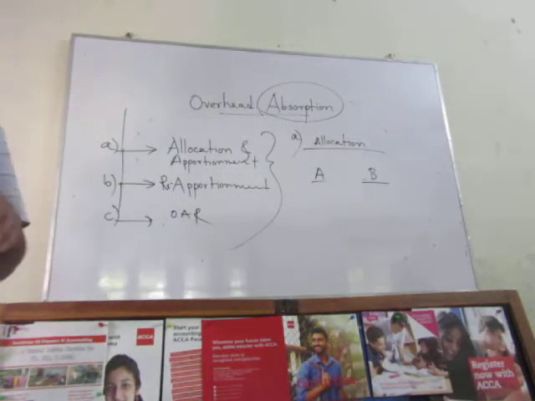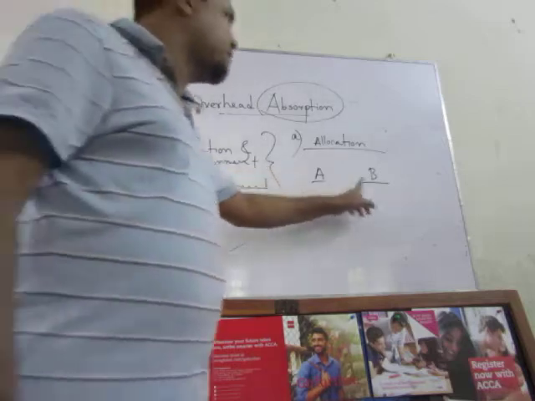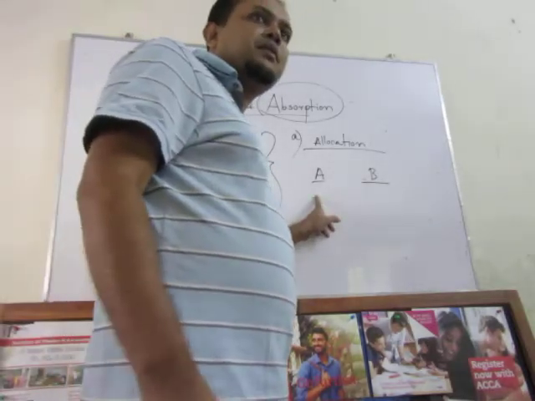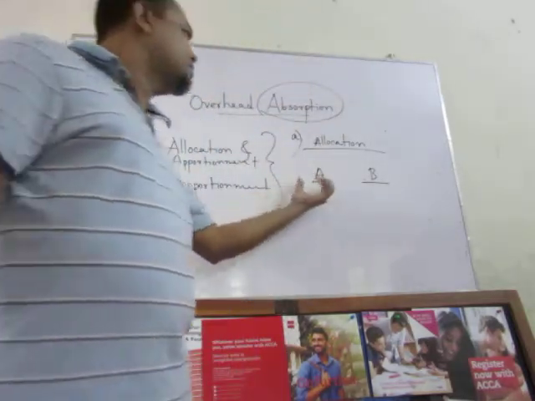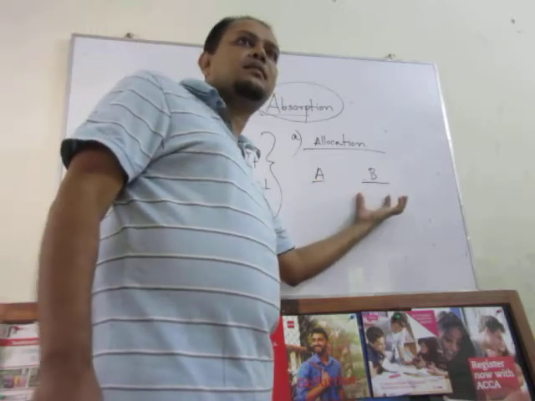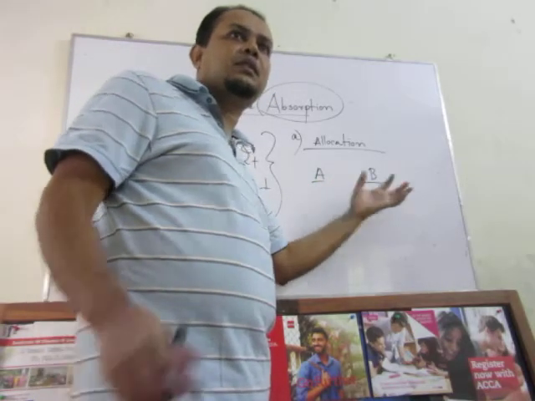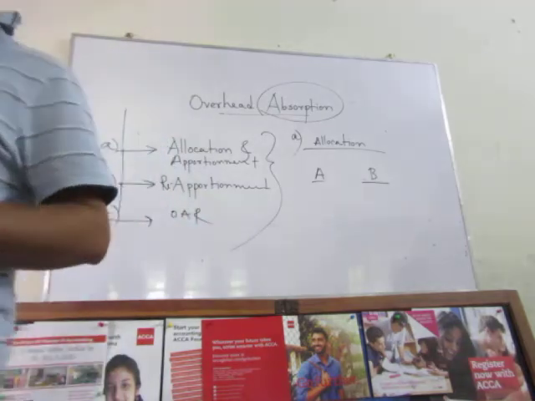Suppose within your business organization there are 2 different departments. As for example, one is the production department, another is the sales and distribution department. These are the SBU, you can say strategic business unit, right?